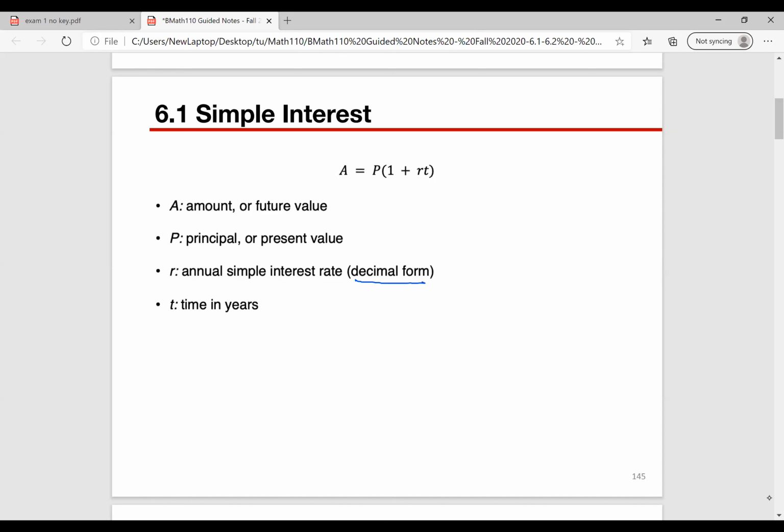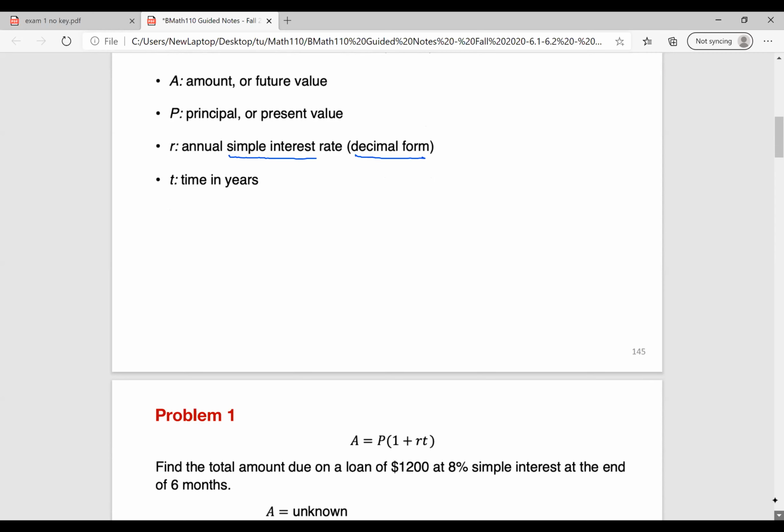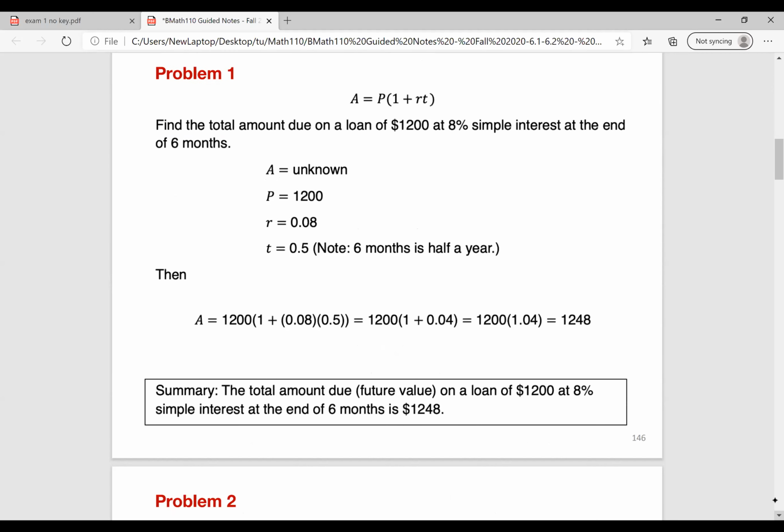There is something you have to remember: in this interest, the keyword is simple interest. So let's go to the problems.